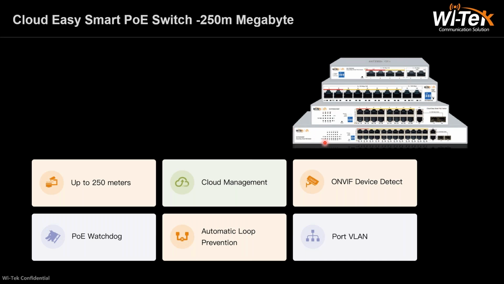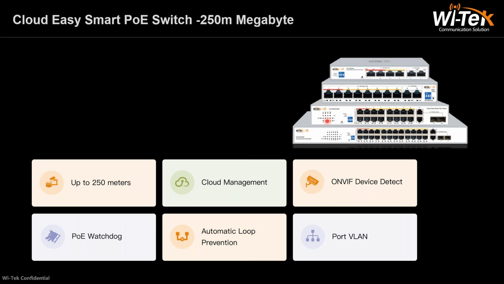Okay, and this part is also our Cloud Easy Smart PoE switch with 250 meters. We know that we have another product line, like the economic 250 meters product line, and have some DIP switch.